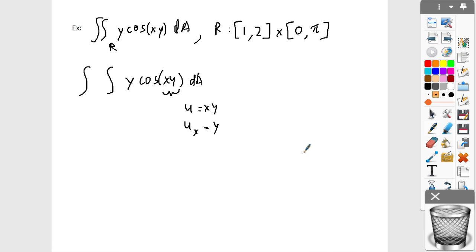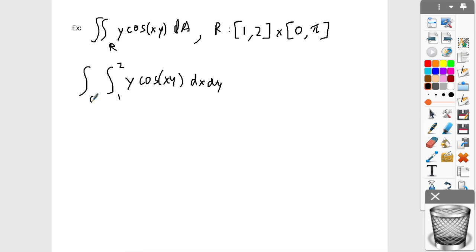So what do you think we should do first? Should we do dx dy or dy dx? I say we should do dx dy first, because if you take the derivative of the inside with respect to x, you will get y. And why is this so nice?